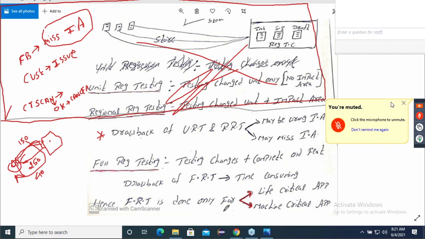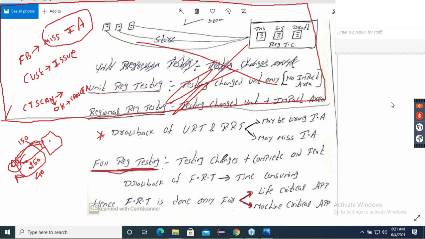So for all such applications, unit regression and regional regression is risky. Yes or no? In applications like life critical and machine critical, unit regression and regional regression is risky. Now they decided, let us go for a third type of regression testing called full regression testing.